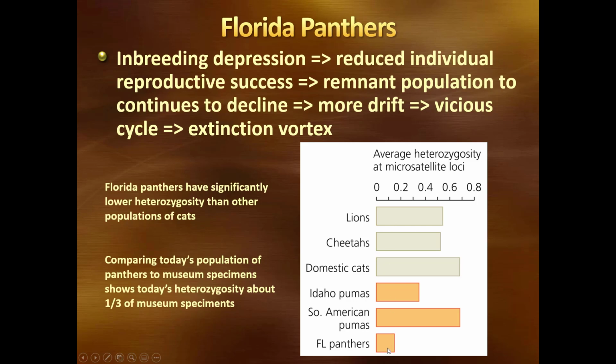For a vast number of their loci, they are fixed. They no longer have any heterozygotes. And of course, if they're fixed for harmful alleles, and those are expressed as recessive, that's why we're seeing a lot of that inbreeding depression.